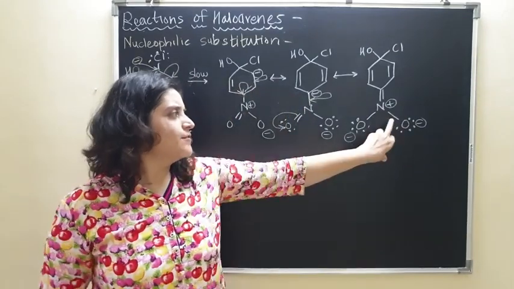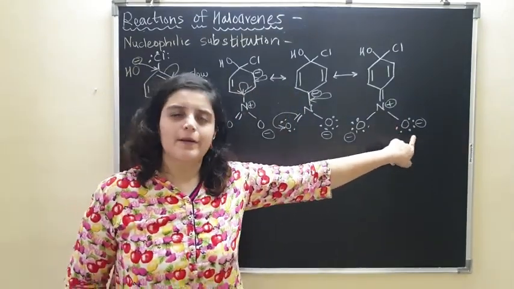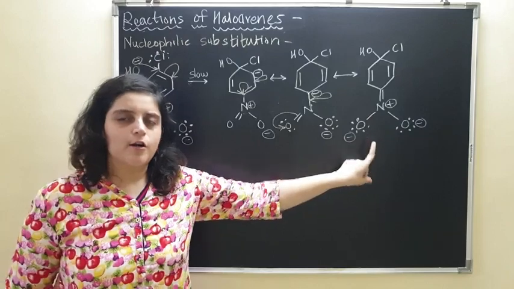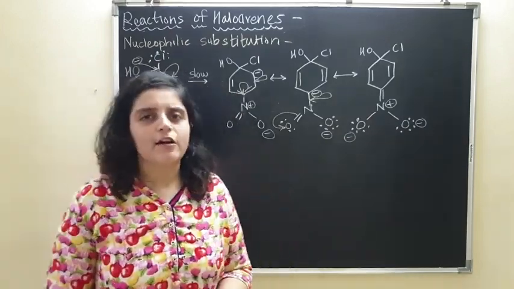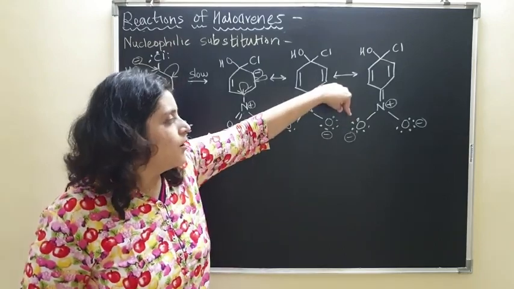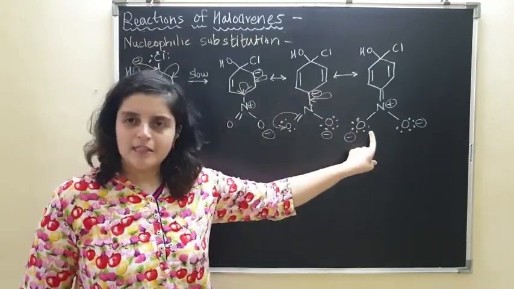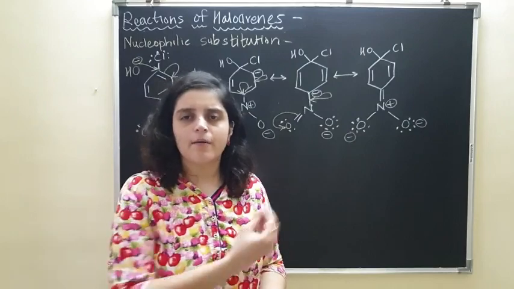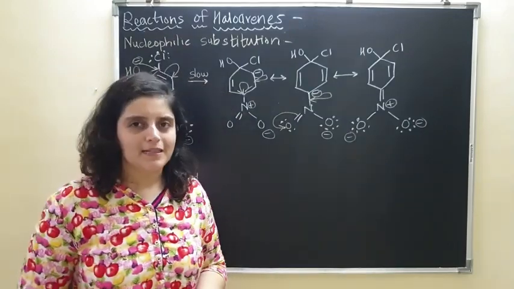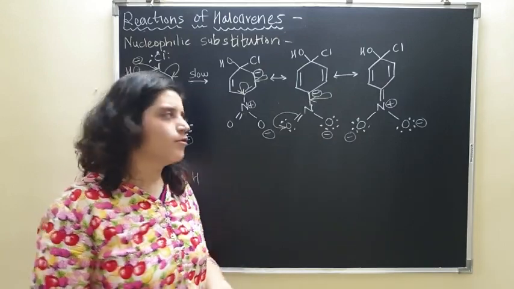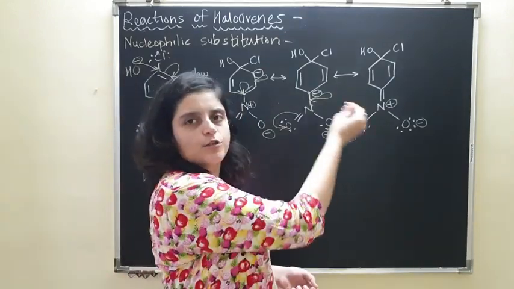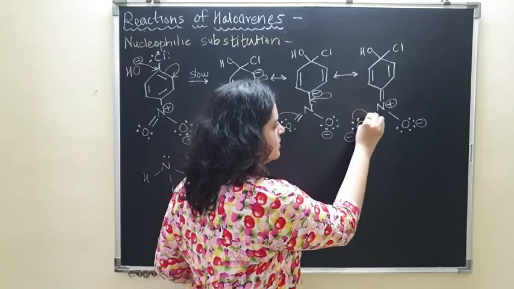Here also we have a singly bonded oxygen with 3 lone pairs of electrons, and a singly bonded oxygen with 3 lone pairs of electrons. So again, for the stability, a lone pair of electrons either from this oxygen or from the other oxygen, you can show it from either oxygen, will shift back to form a double bond with nitrogen. So let us assume that these 2 electrons shift like this.